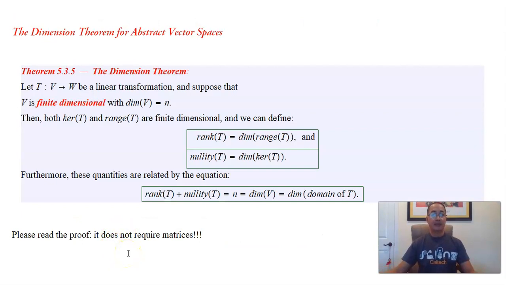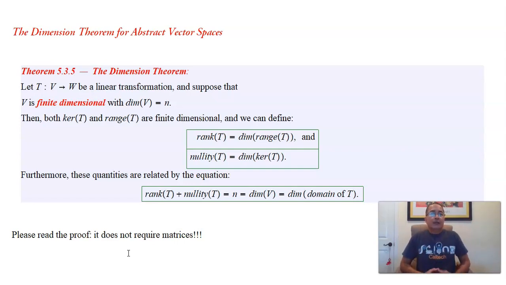Alright, so back in chapter 3, we saw a dimension theorem for linear transformations. We have that the rank of T plus the nullity of T is the dimension of the domain, or the number of columns in your matrix.